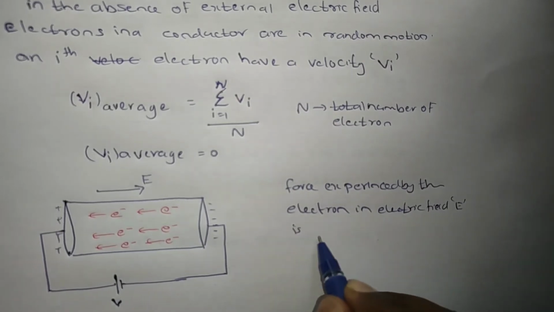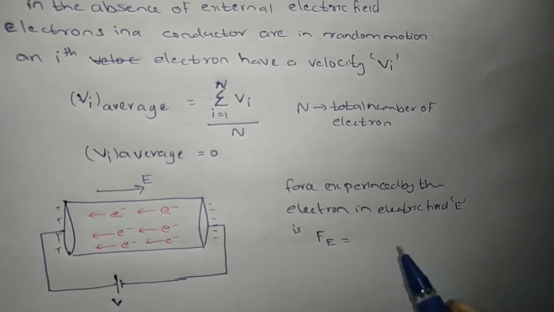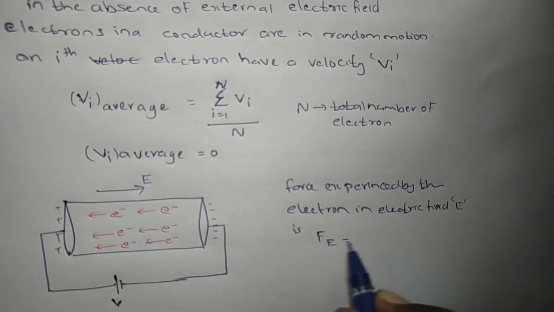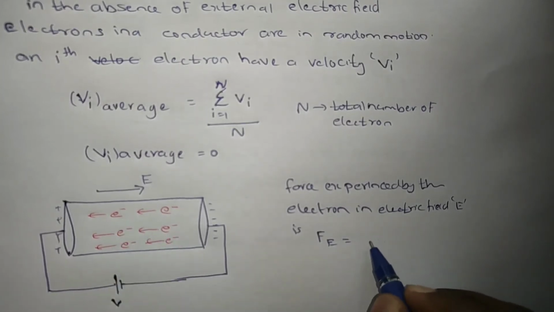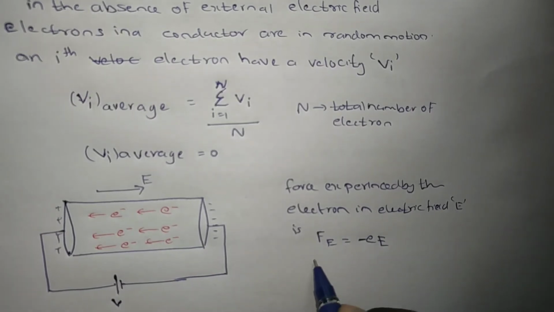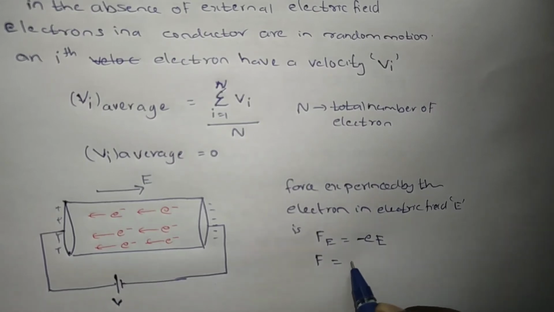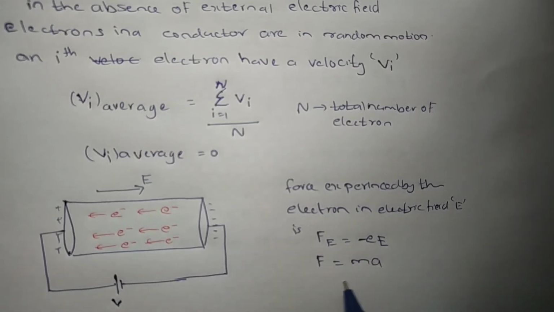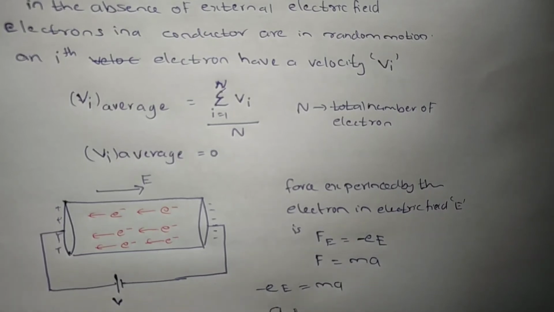F is equal to the charge times the electric field. What is the charge? Minus e. So F equals minus eE. Based on Newton's second law, force is equal to ma. Equating the two, we get minus eE is equal to ma. From that, a is equal to what?